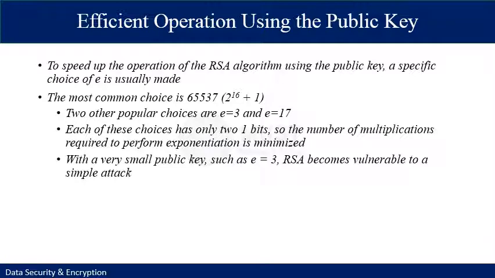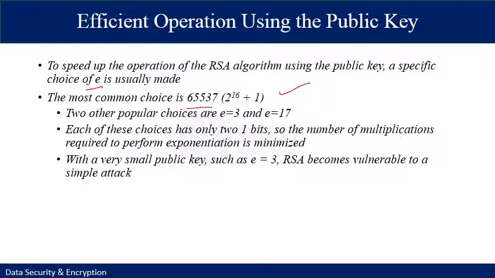So to speed up the operation of the RSA algorithm using the public key, a specific choice of the encryption key E is usually made. The most common choice for E is 65,537, which is equal to 2 raised to power 16 plus 1.